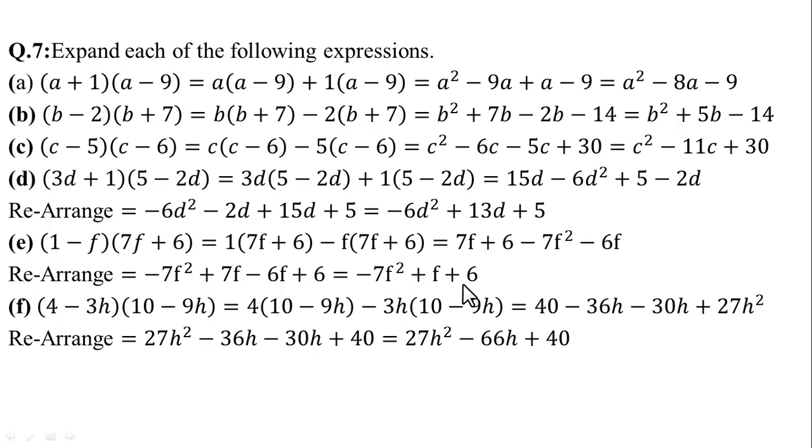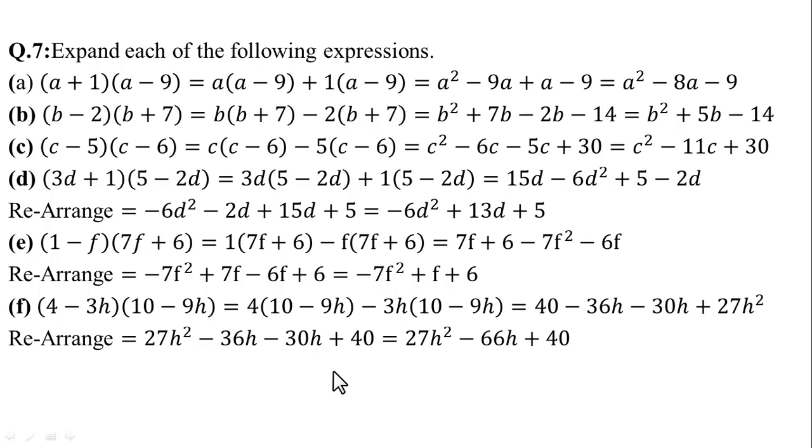f + 6. In the last part of question number 7, (4 − 3h)(10 − 9h). 4 is multiplied, 4 into 10 − 9h, minus 3h into 10 − 9h. 4 tens are 40, minus 9 fours are 36h, minus 10 threes are 30h, minus minus plus 9 threes are 27h square.